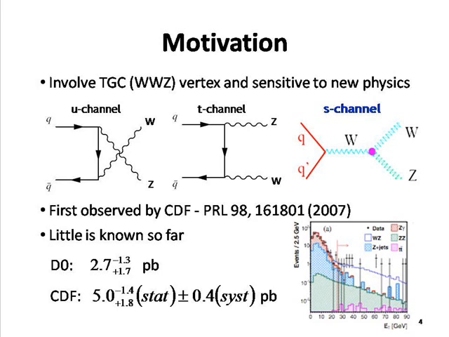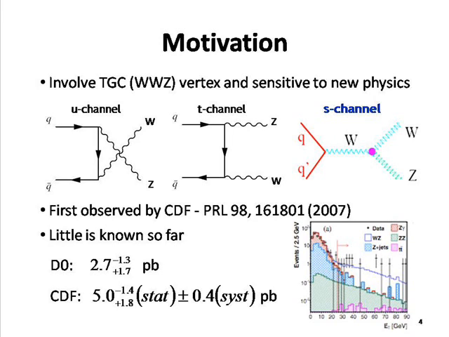Any detection of deviation between the standard model and new physics will originate from this vertex. So this is important. And also, the s-channel is the only channel which can give you this vertex, which makes this WZ analysis very unique.